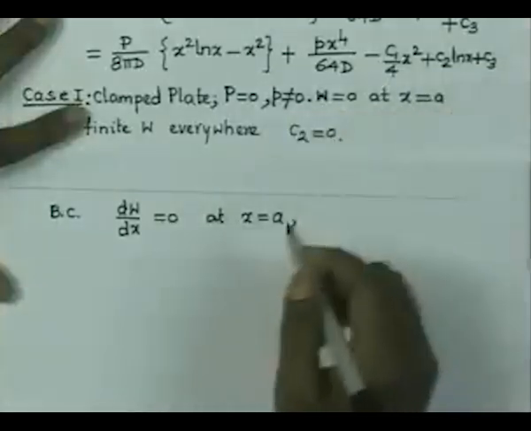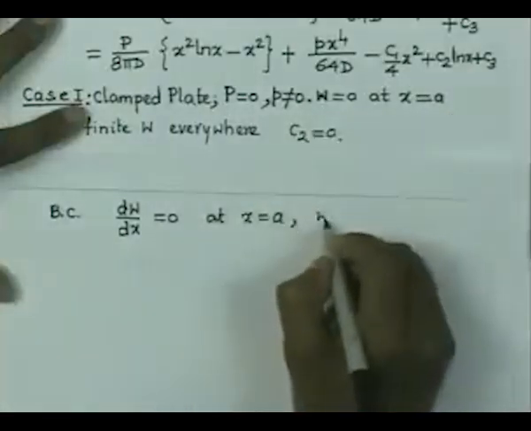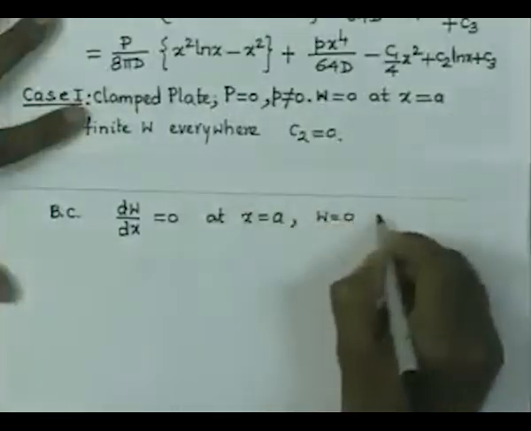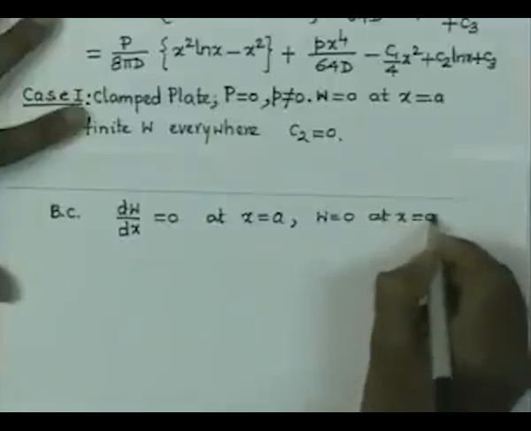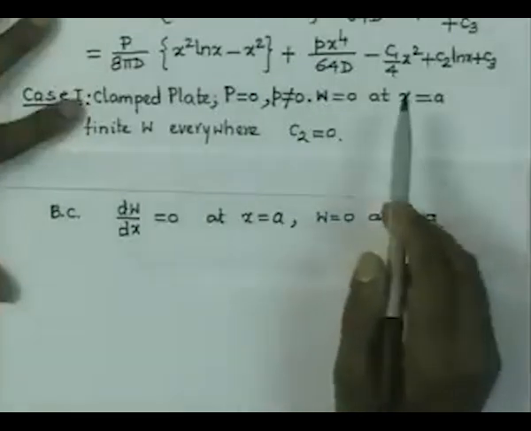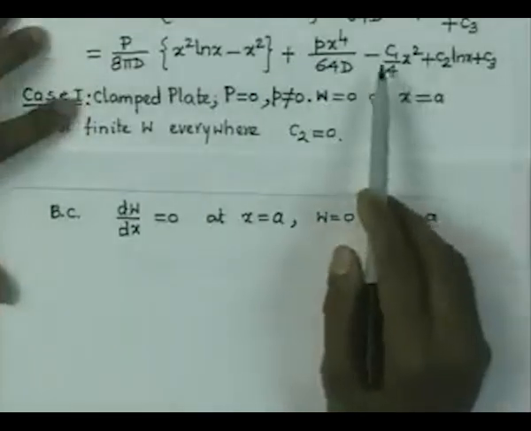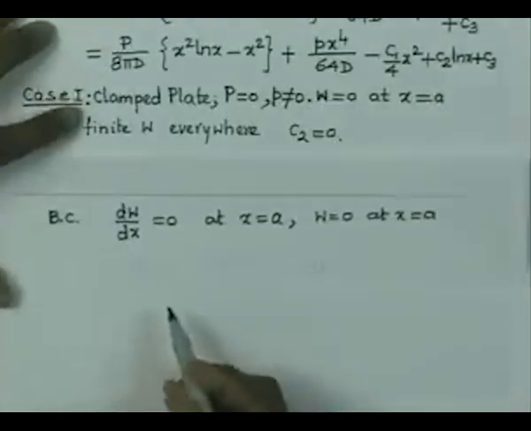Therefore, another boundary condition that we have already stated earlier is that w equals 0 at x equal to a. These two conditions are going to suffice to find the two constants C1 and C3.